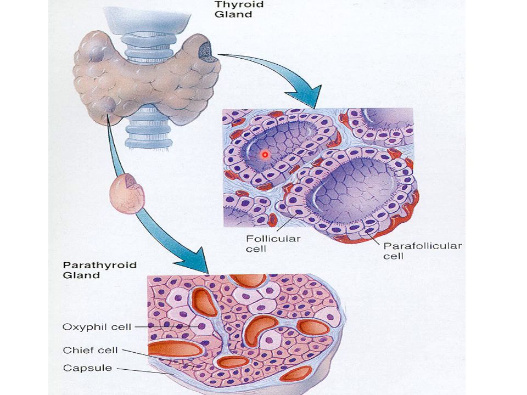These follicles are lined by squamous to cuboidal or simple low columnar epithelium, and they are filled with colloid material, which is a gelatinous material in their lumen.